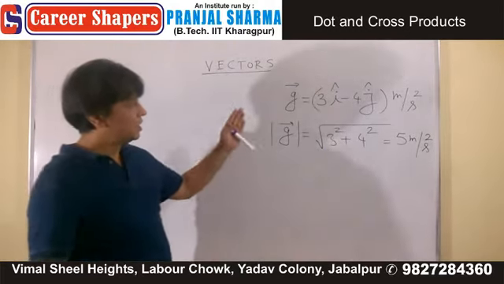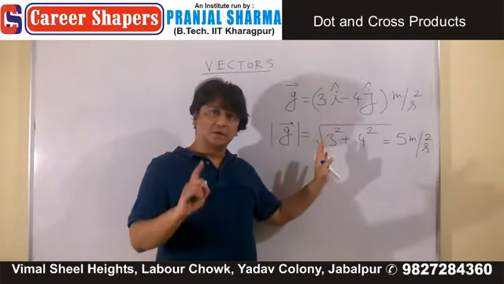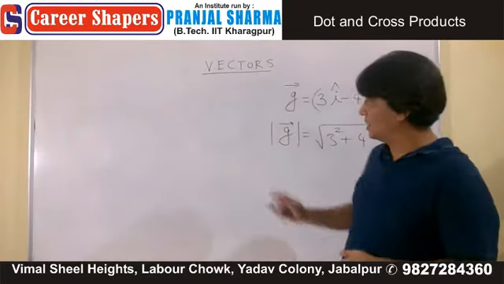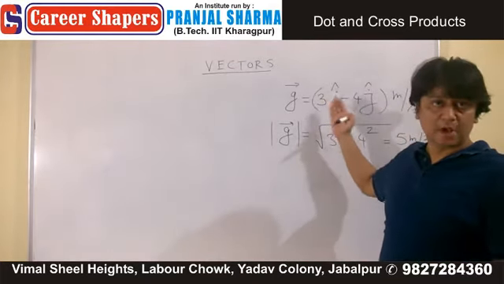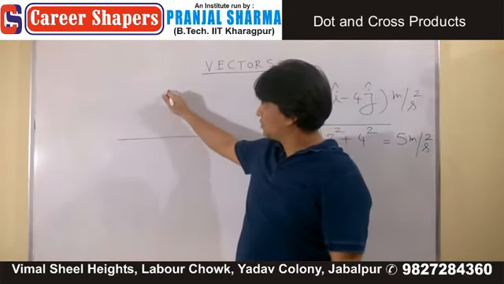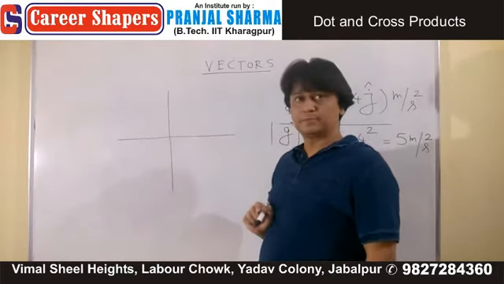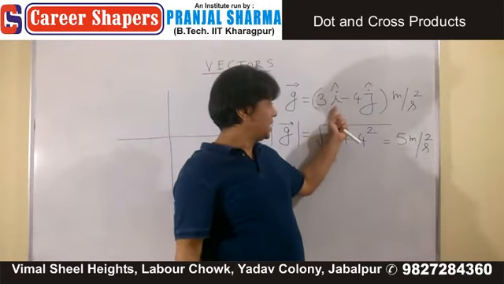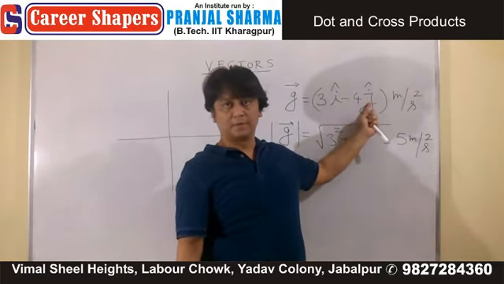Next comes how to plot this vector. Plotting a vector is a very important thing, and therefore pay attention to the next part. If they ask you to plot something like this, 3 I cap minus 4 j cap, then first of all, draw the axis system in this form. Now, we are dealing with I cap and minus of j cap.